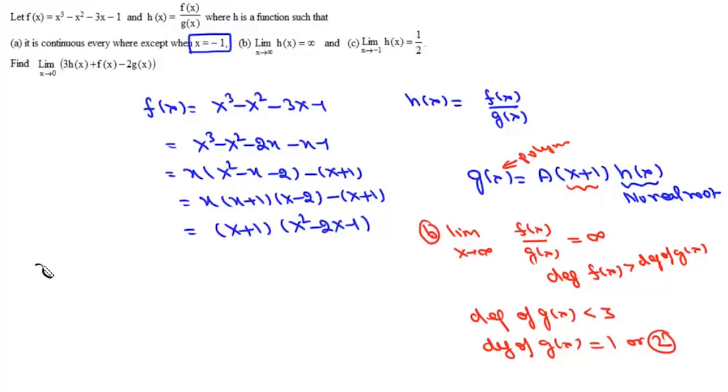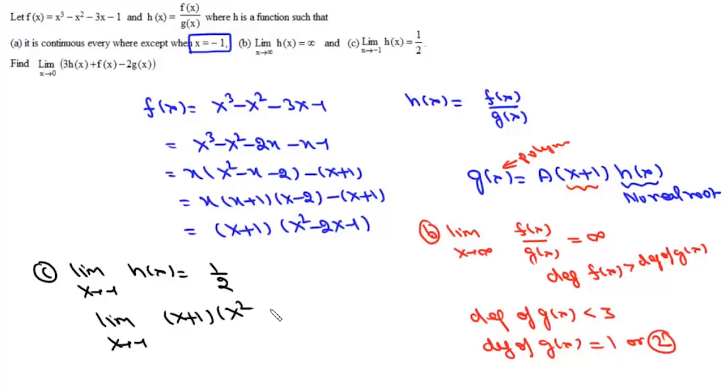Now in C it says this limit x tends to minus 1, h(x) is 1 by 2. That means this limit x tends to minus 1, x plus 1 into x square minus 2x minus 1 upon x plus 1 into h(x), this value will be 1 by 2. Now this x plus 1 will cancel.